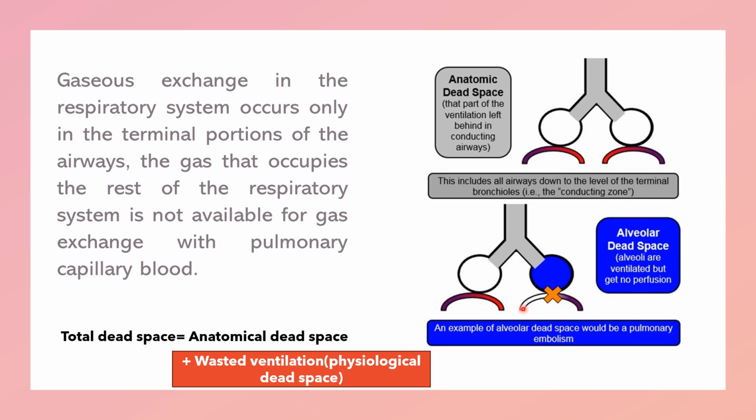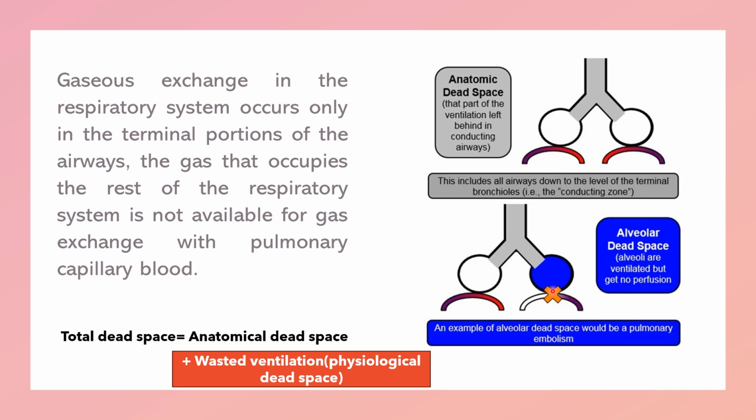For example, if this anatomical dead space of 150 ml is there, and the 350 ml is reaching the exchange zone, and in the exchange zone there is any defect, then the ventilation entering this defective part will be totally wasted.